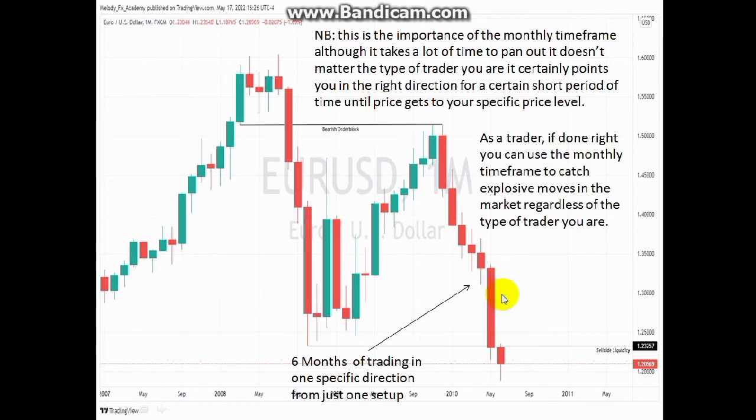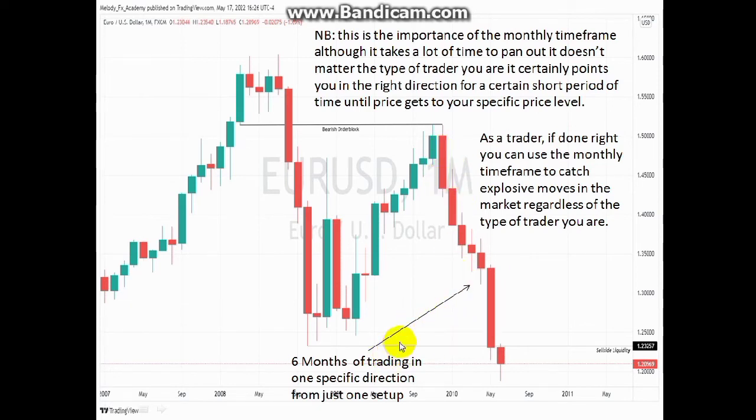It is not just limited to position traders alone. As a day trader, as an intraday trader, if you are able to analyze your setup right on the monthly time frame, it tends to offer you these kinds of explosive moves.